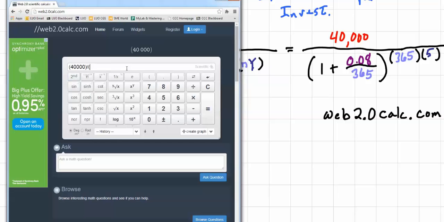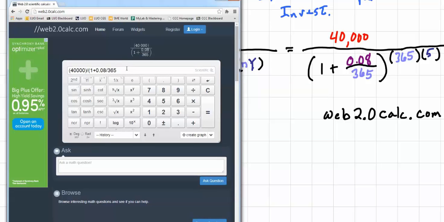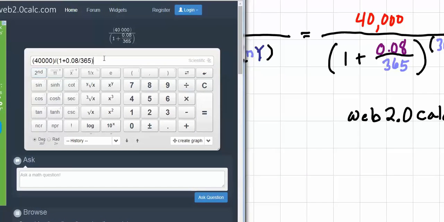I'm going to type in 1 plus, and then a division, 0.08 divided by 365. I'll close my parentheses, and you'll notice right up in here you'll see the 40,000 over the 1 plus 0.08 over 365. That's in this whole thing right here that's now highlighted in blue.